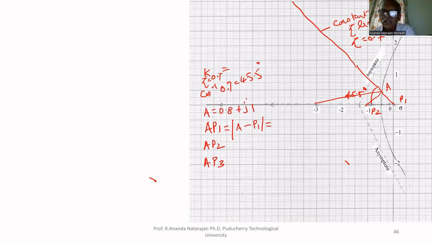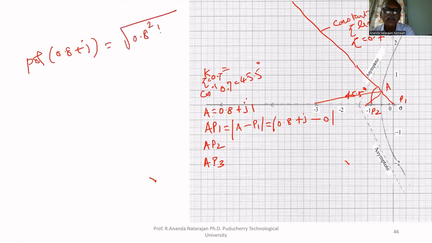So what is the AP1 length? Analytically, we can find modulus of minus 0.8 plus j minus P1, which is 0. Therefore, you can call the function polar to rectangular for minus 0.8 plus j to find the magnitude, or you can find it this way: square root of 0.8 square plus 1 square. That way also you can find it. So let it be AP1.